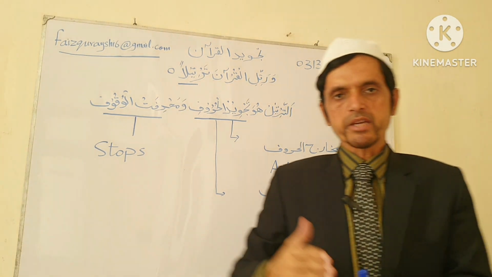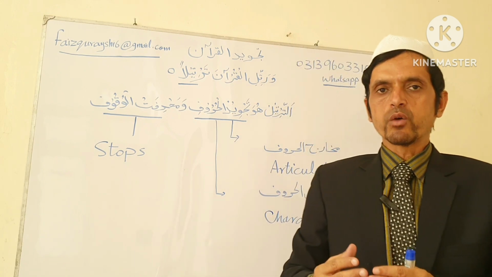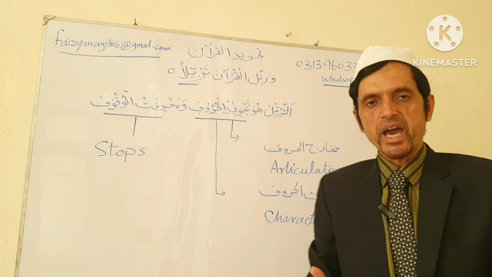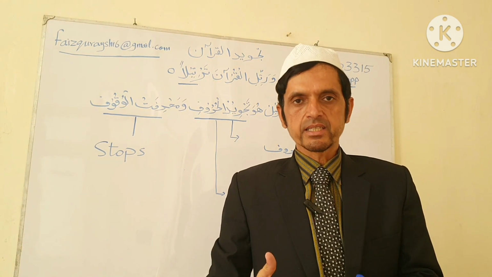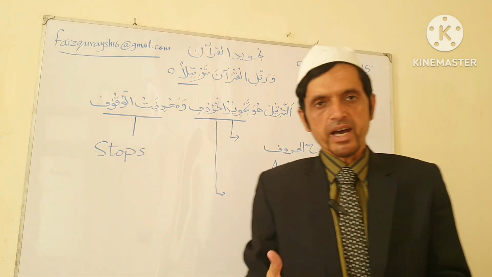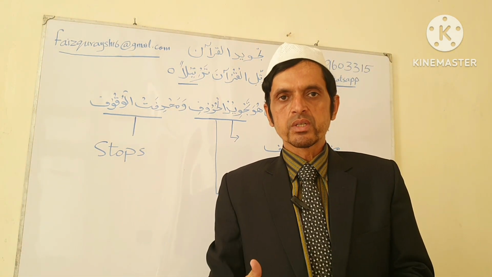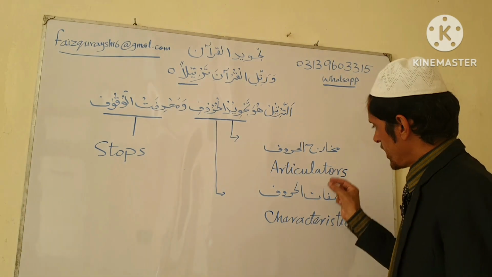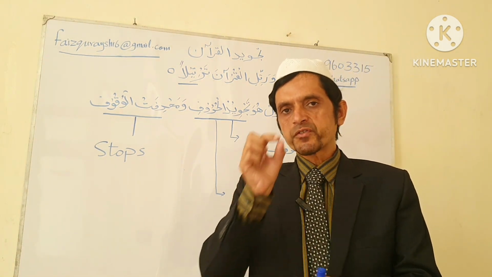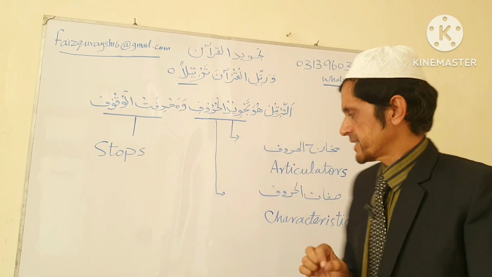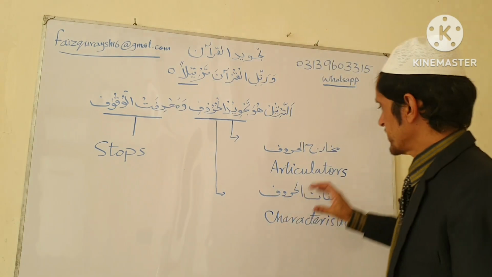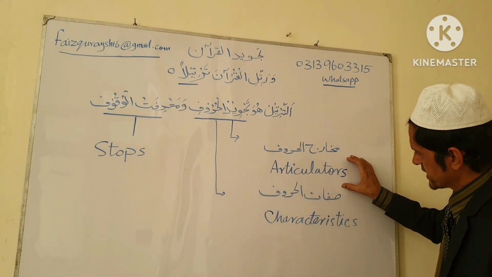For example, how will you pronounce ha, and how will you pronounce or articulate kha, how will you pronounce fa, how will you pronounce qaf. All these letters come out from a particular place inside your mouth or from your lips, and they are called articulators.